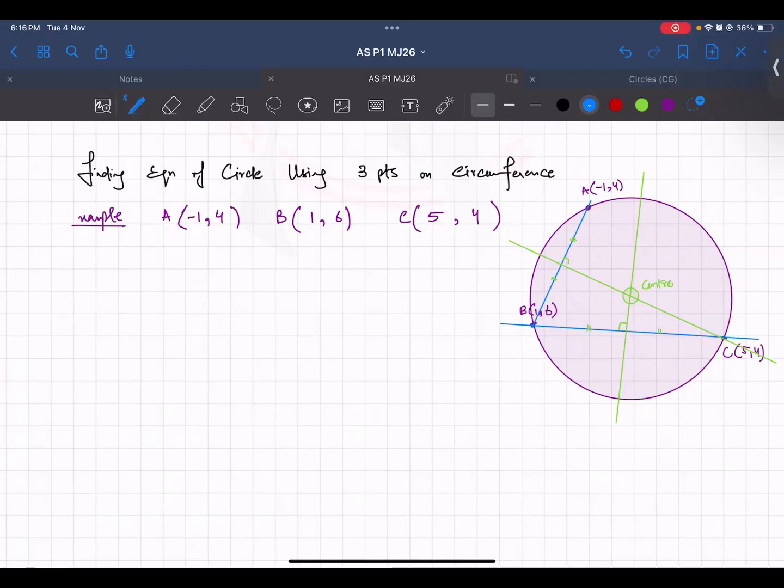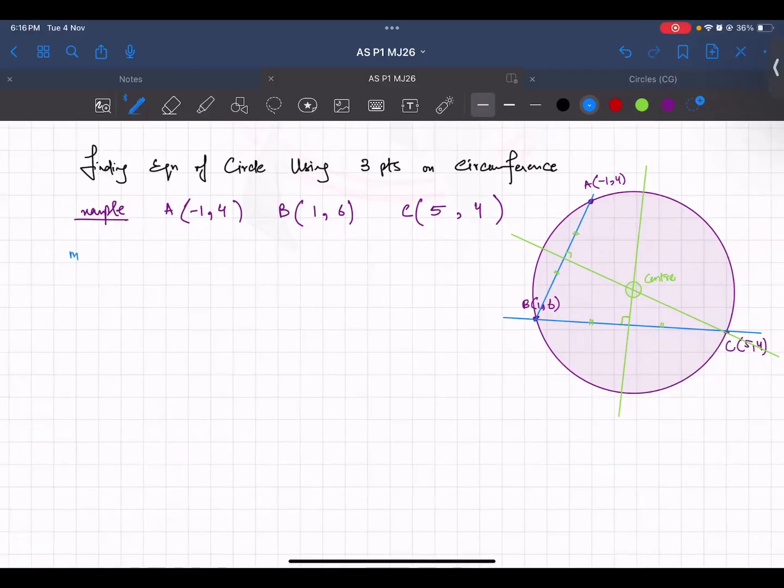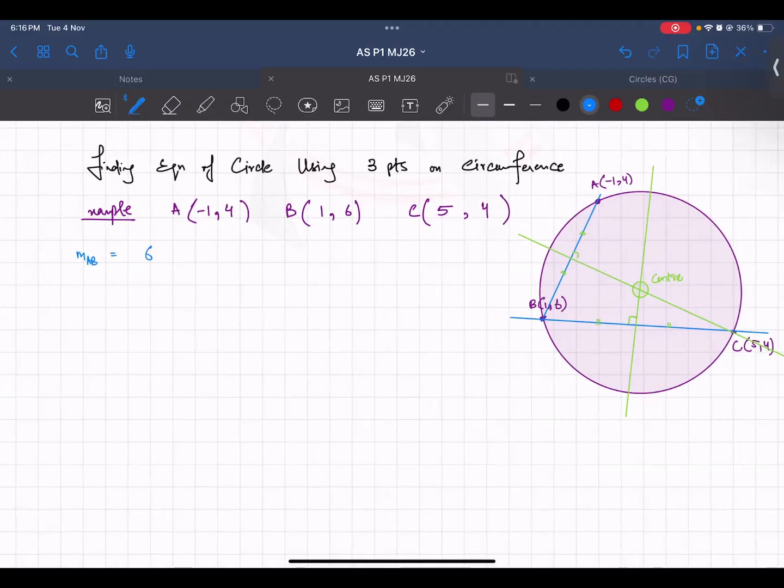So let's do this. For the gradient of AB, y2 minus y1, 6 minus 4 upon 1 minus minus 1. So 2 upon 2, which will be 1. This means the gradient of the perpendicular of AB will be negative 1, the negative reciprocal.